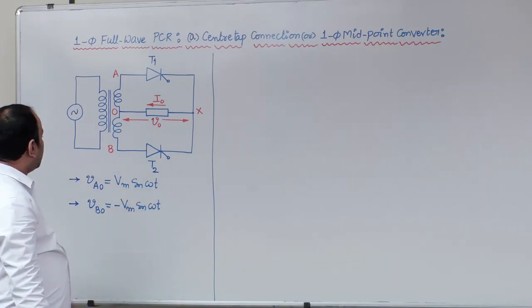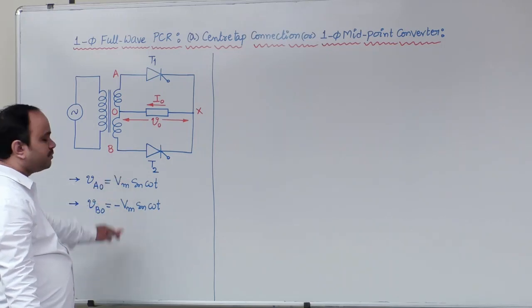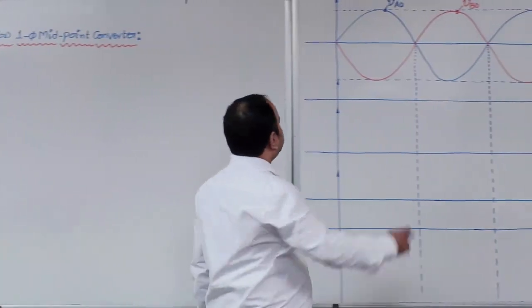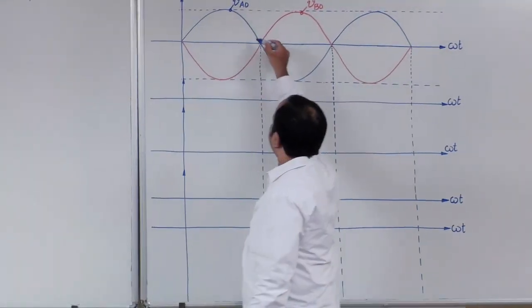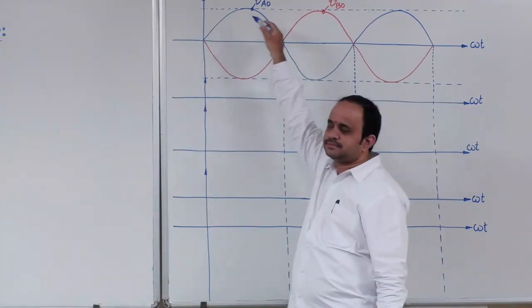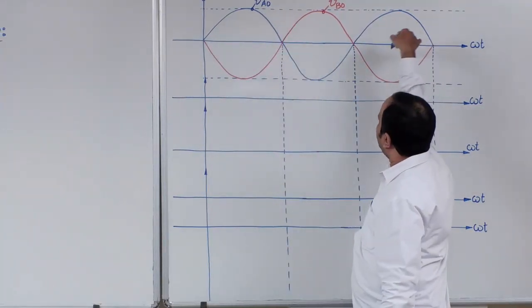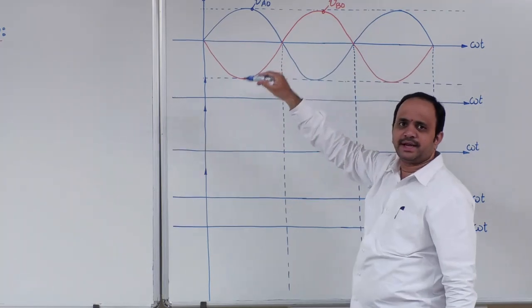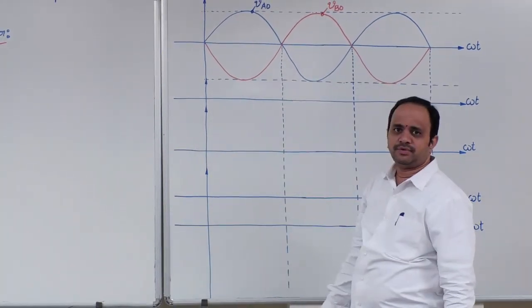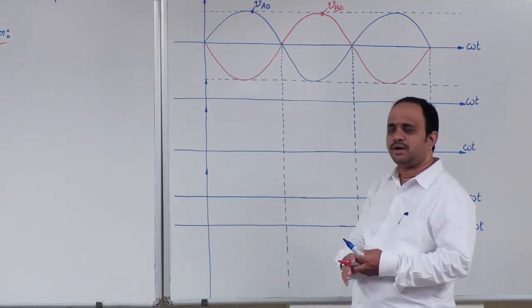Okay. And if you look into the waveform pattern of these two equations, here I just plotted quickly for reference. VAO, the blue sinusoidal, is the reference waveform, and VBO, the red sinusoidal, is a mirror image of VAO, which is 180 degrees out of phase.